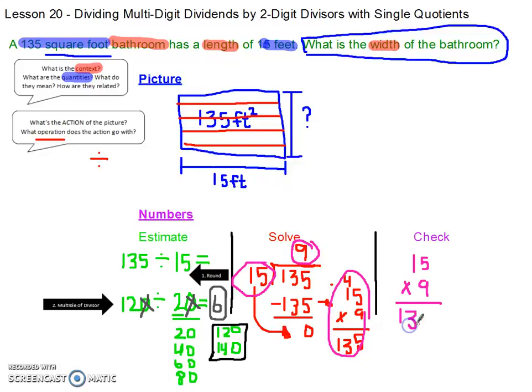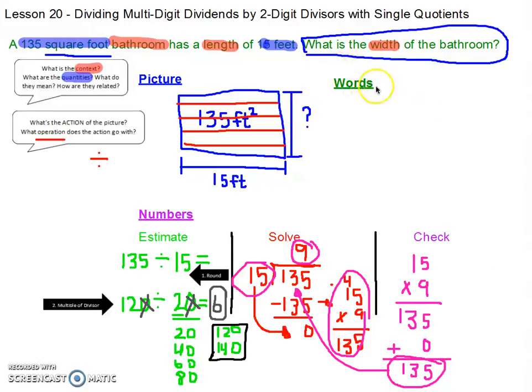If I had a remainder, I would add that to my 135, but I don't have a remainder, so I don't need to add anything, or I could show it as 0. So how we see if our answer is correct is we check and see, is this number the same as my whole, which it is, so my answer is correct.